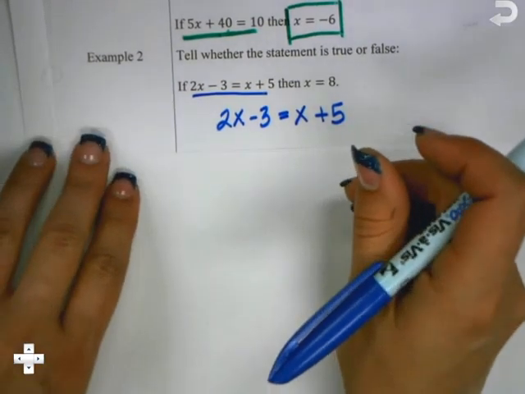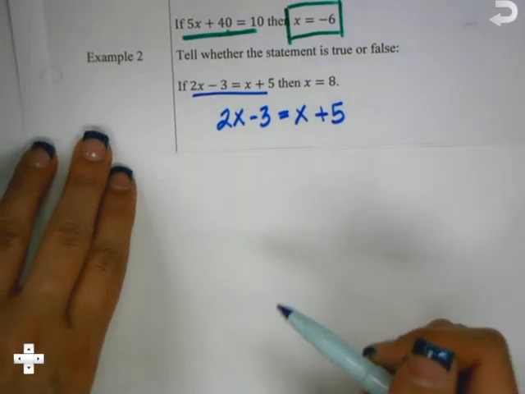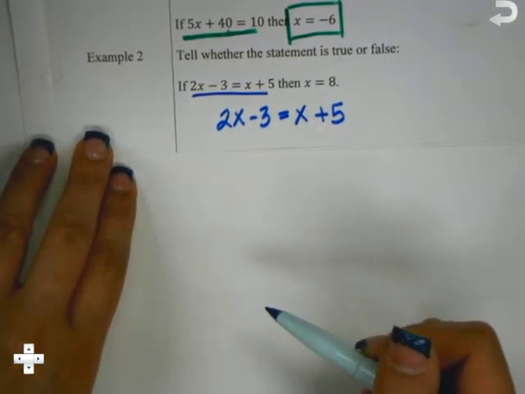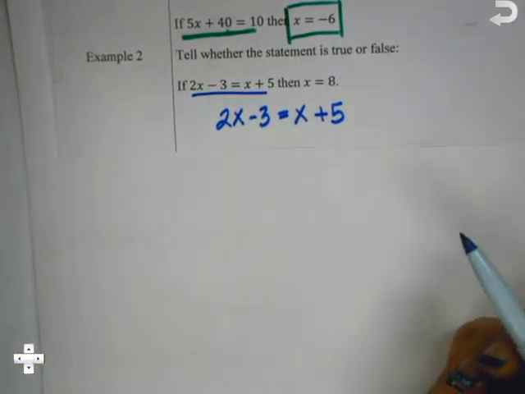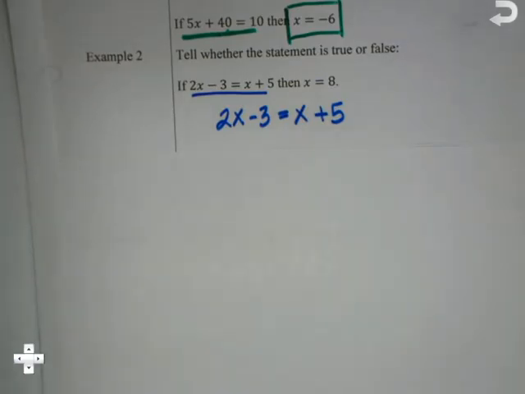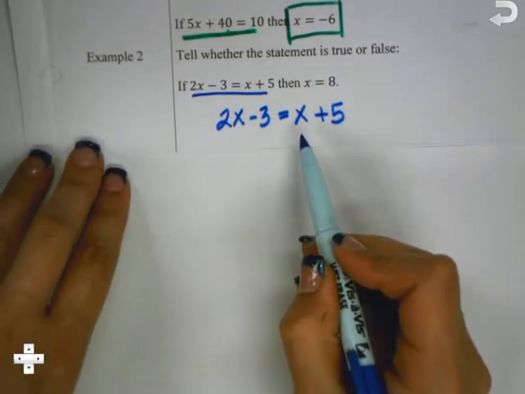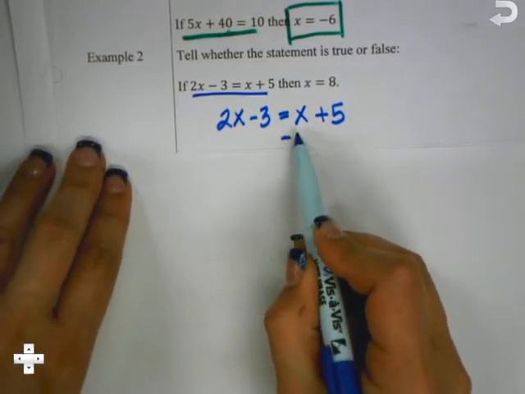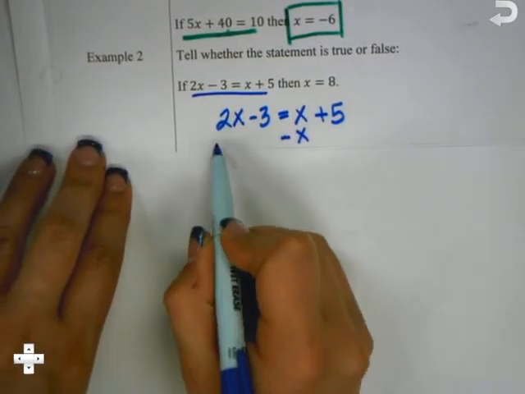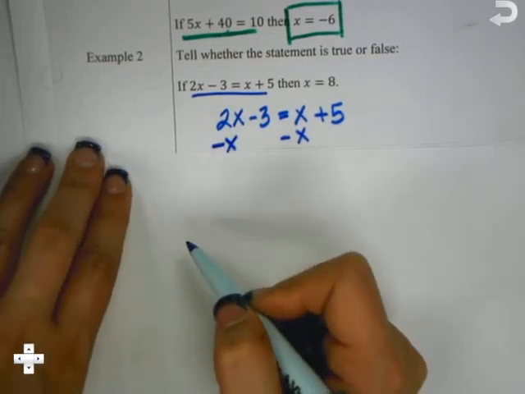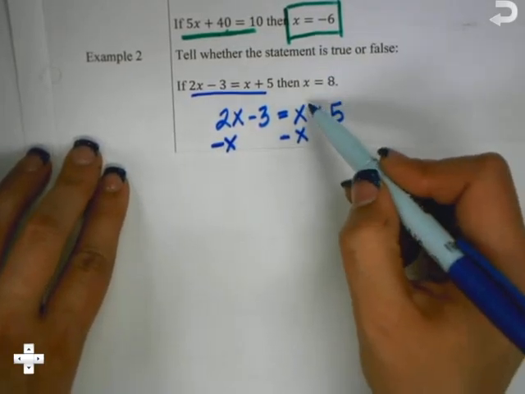My goal is to get all variables on one side, all numbers on the other. Do I want to move the 2x or the 1x? The 1x. So I'm going to subtract 1x from both sides, because x minus x cancels out at 0.